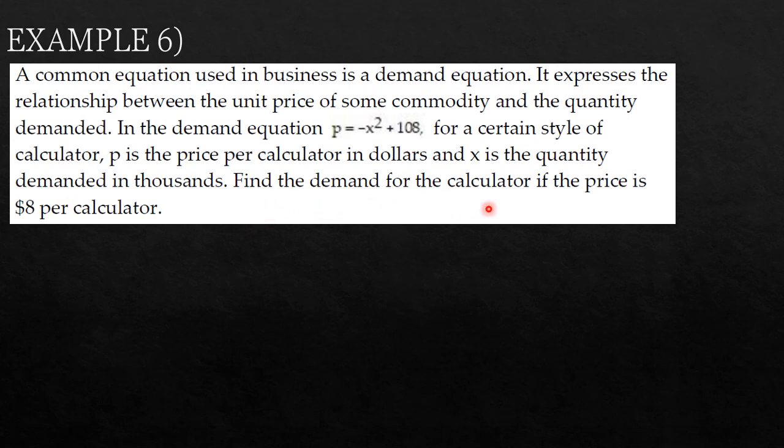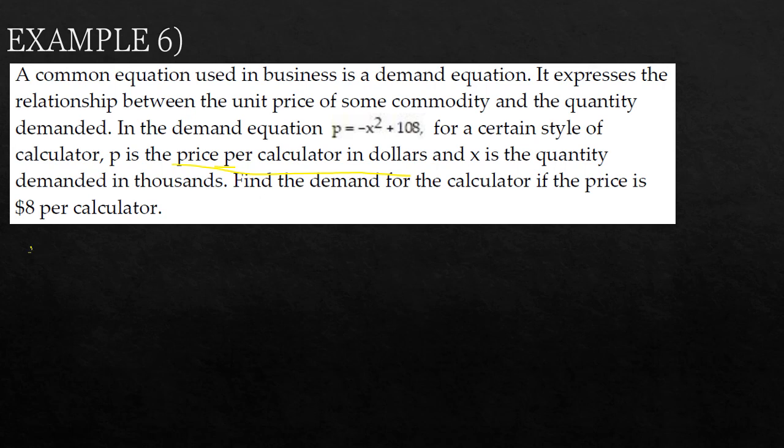Find the demand for a calculator if the price is $8 per calculator, okay? So we're going to establish what's given to us. We know our p, because p is the price per calculator, and then we have to find the demand, and our demand is x.